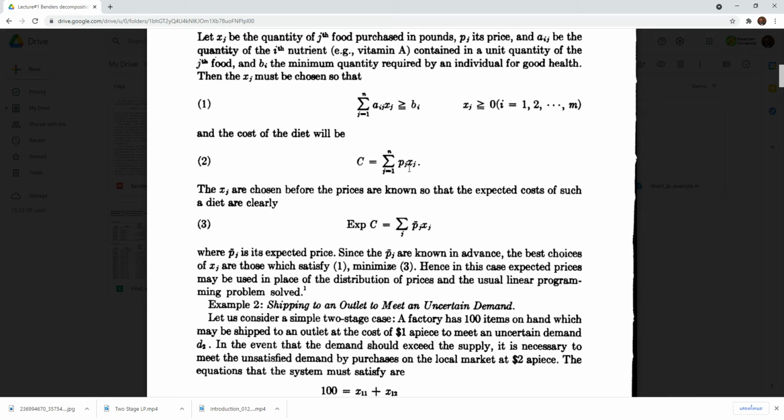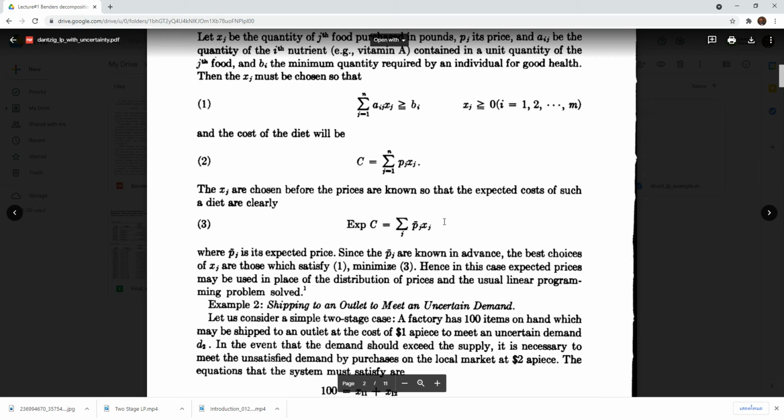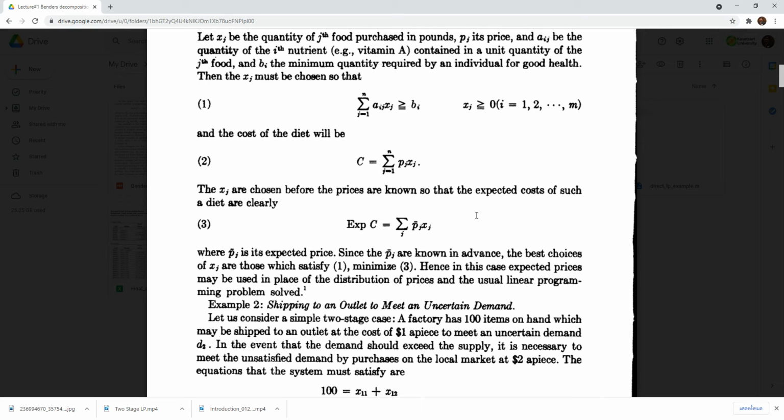So with the randomness of P sub j in the summation form, once the decision X sub j is made, it's easy using the property of the expected value function.